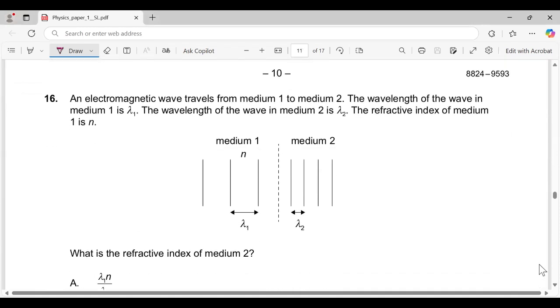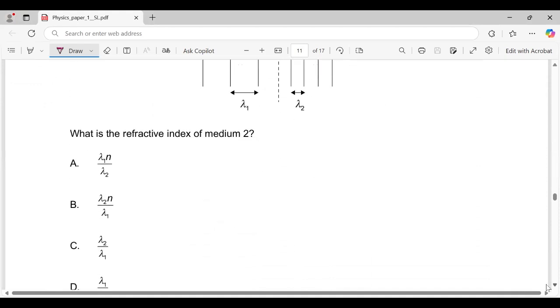Number 16. An electromagnetic wave travels from medium 1 to medium 2. The wavelength of the wave in medium 1 is lambda 1, and the wavelength in medium 2 is lambda 2. The refractive index of medium 1 is n. What is the refractive index of medium 2?